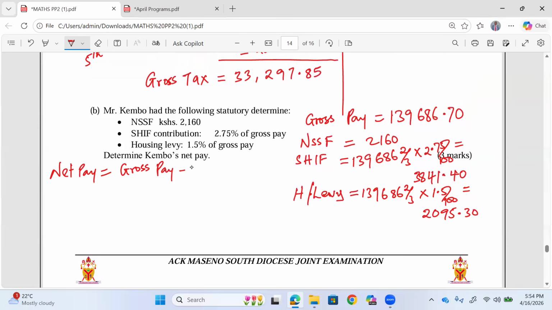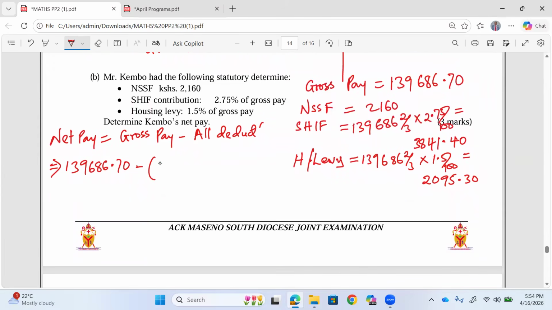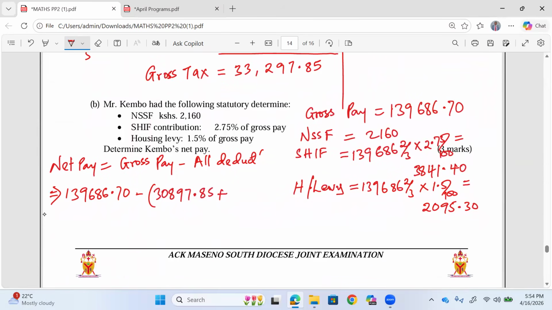Now when we talk about net pay or net income, it means the gross pay, or rather the gross income, minus all the deductions. So we'll be picking 139,686.70. We subtract all the deductions. The first deduction is going to be the PAYE, 30,897.85. He pays that, plus other deductions.